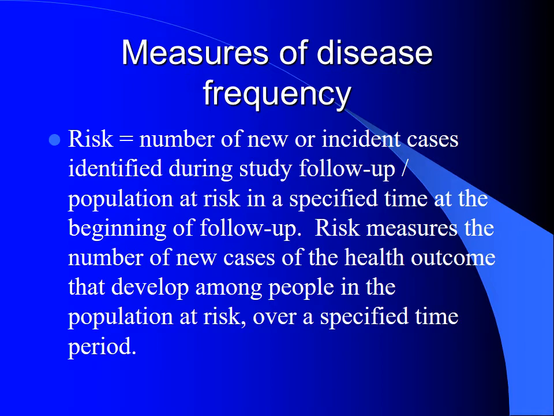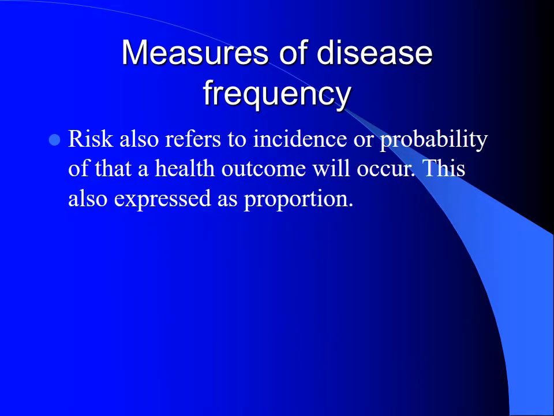Then, as and when a particular individual gets the disease, he or she will be part of the numerator, out of the total at-risk individuals. Risk also refers to incidence or probability of that health outcome. This is also expressed as a proportion.